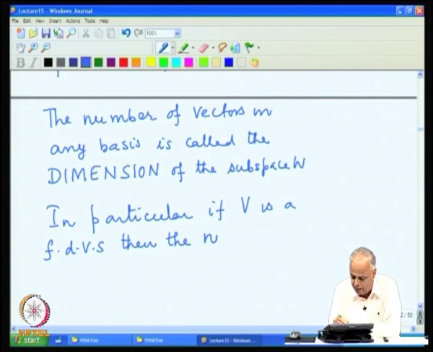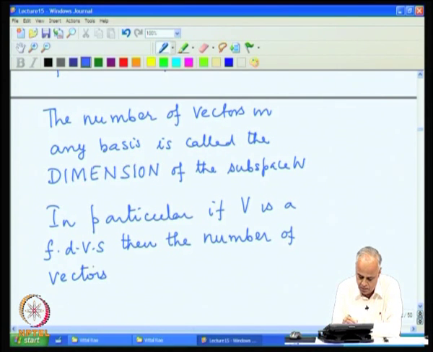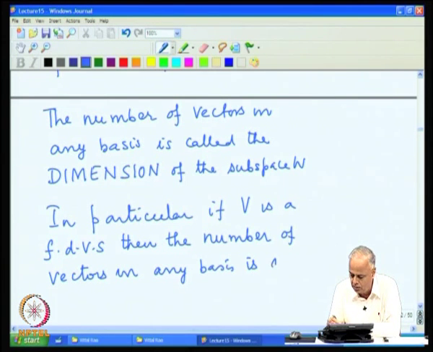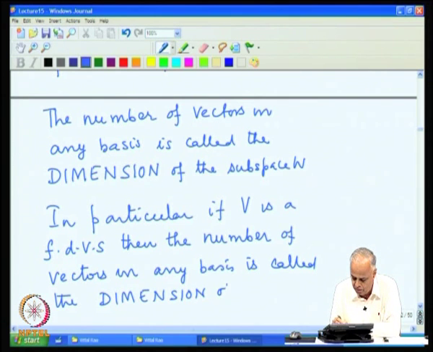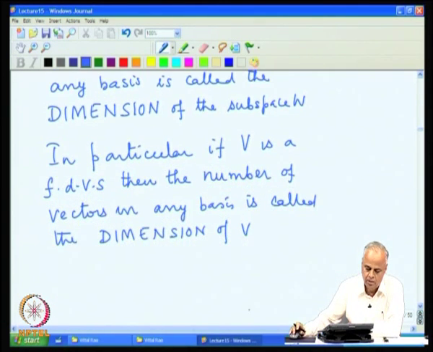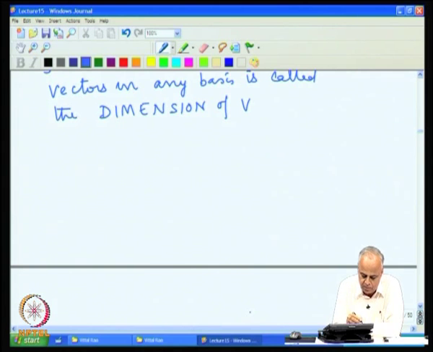The number of vectors in any basis is called the dimension of V. Let us look at some examples.